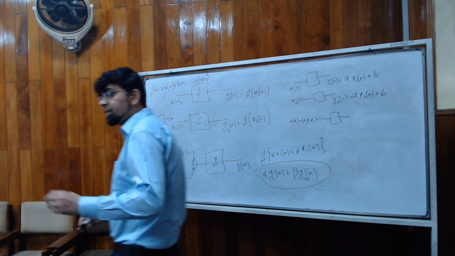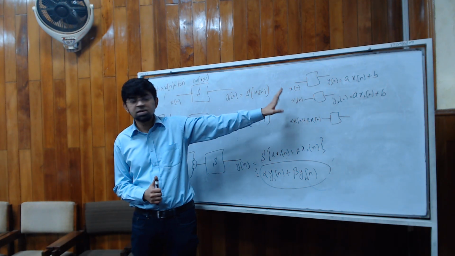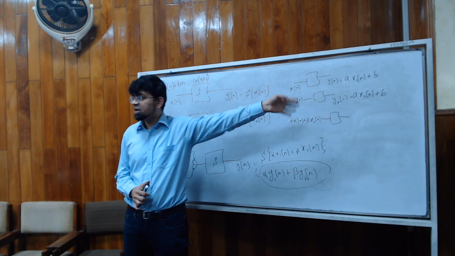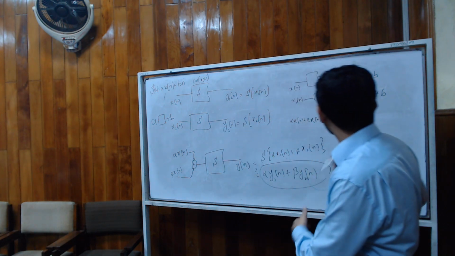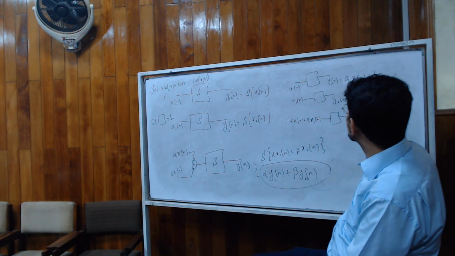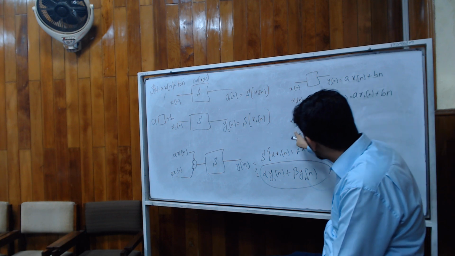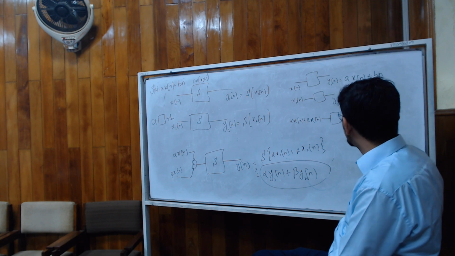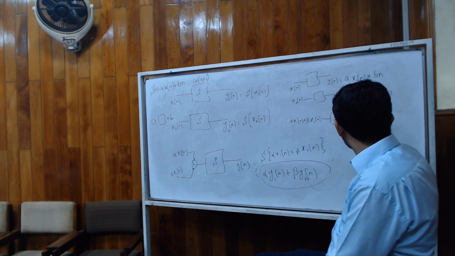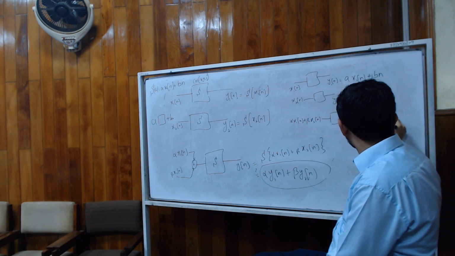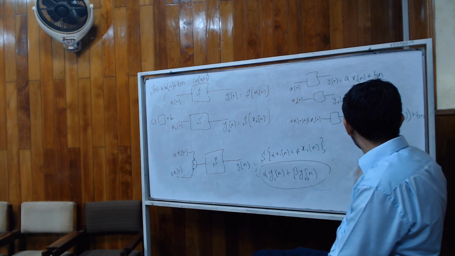So can anyone tell me what the output of the first one will be? Now in the new case, there are 3 steps. First step: x1[n] goes in, what do you see outside? A x1[n] plus b[n]. b[n], yes, for this guy you see b[n] also. b[n] also. What about when the superposition goes in, what do you see? A into x1[n] plus b[n], plus beta x2[n] plus b[n].